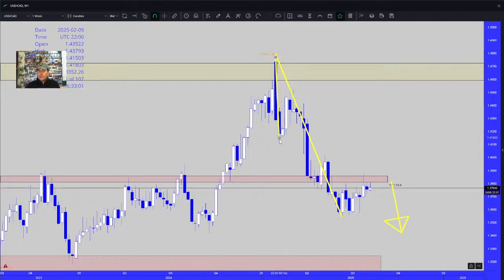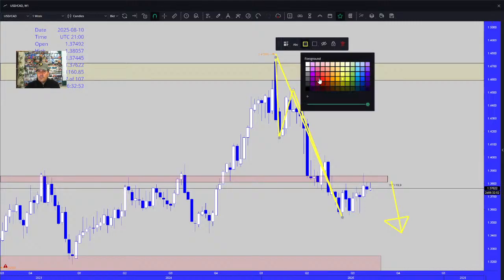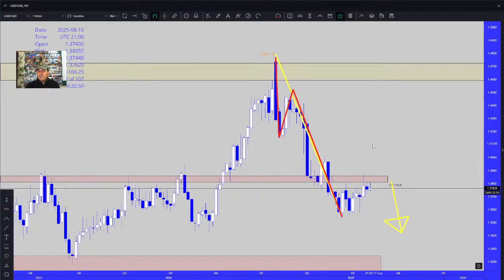Weekly, high to low, low to high, high to low. Everybody, this is a short-term downtrend on the weekly, right? Short-term trend, sure. If I short the market, is this high probability or low probability?